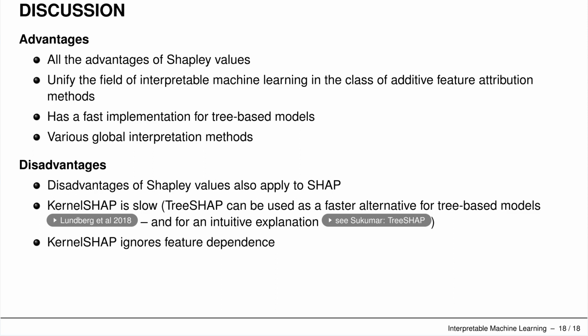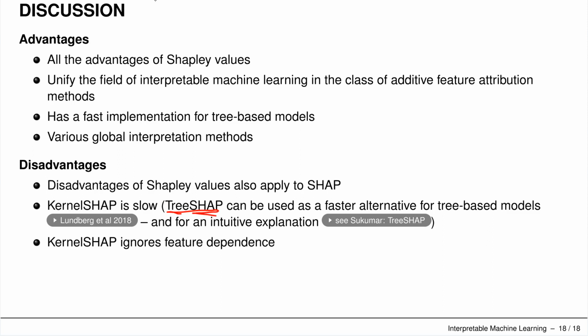We didn't discuss this here, but if you choose the right kernel, then you can show that LIME and SHAP can be equivalent in some cases. So that unifies these additive feature attribution methods with the Shapley values based on game theory. And SHAP has a fast implementation for tree-based methods. That's called TreeSHAP.